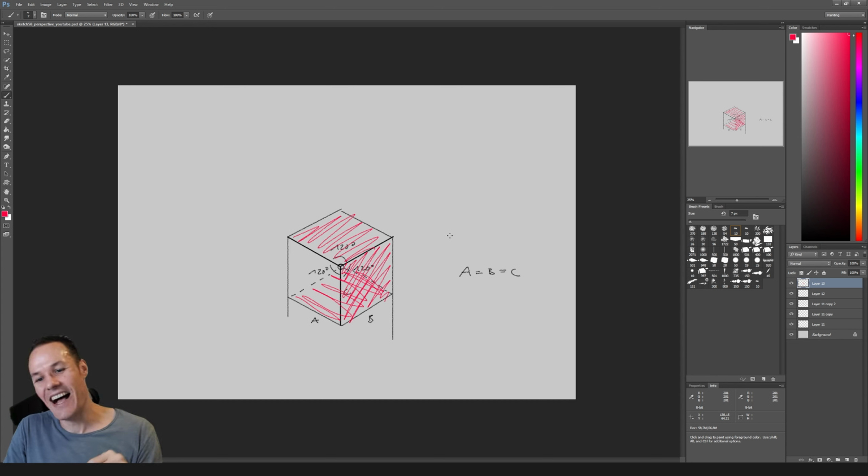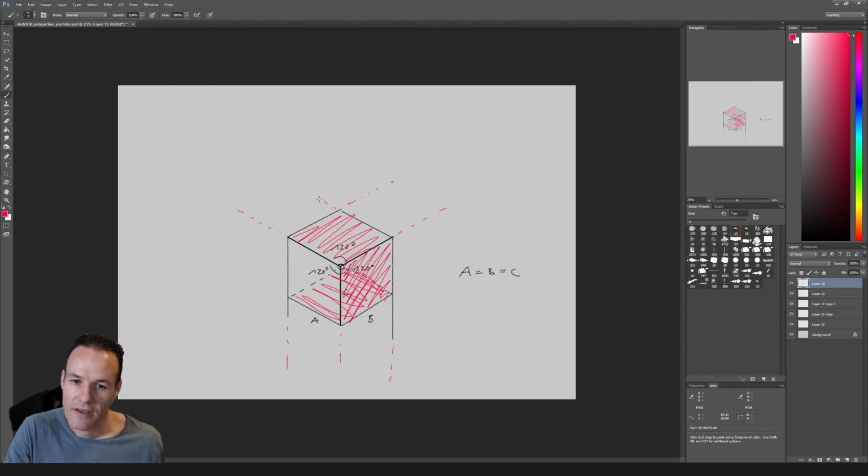So just by knowing that, you know more than most people, okay? So I said it's not vanishing, which is clearly the case, because if you follow any of those lines, any of the 3 dimensions, they will always remain parallel.